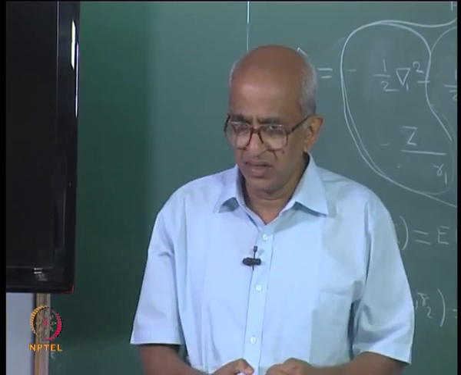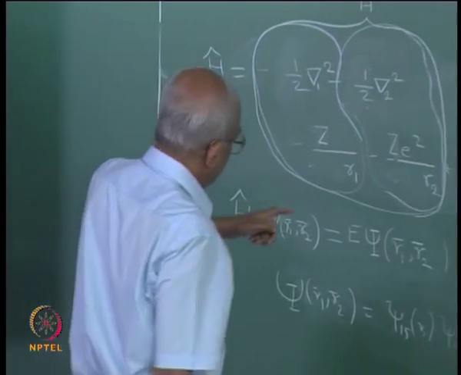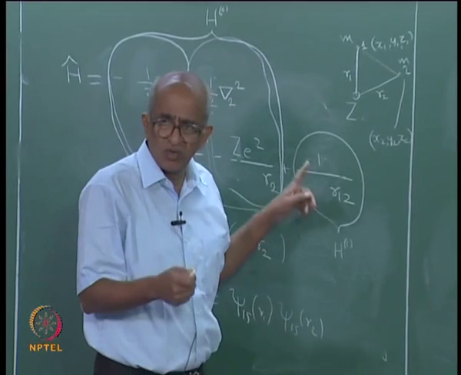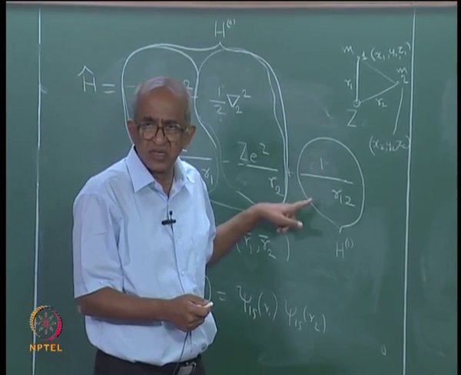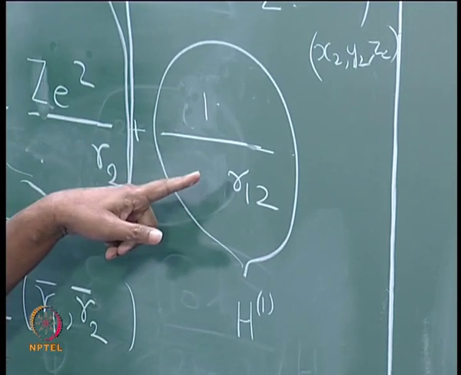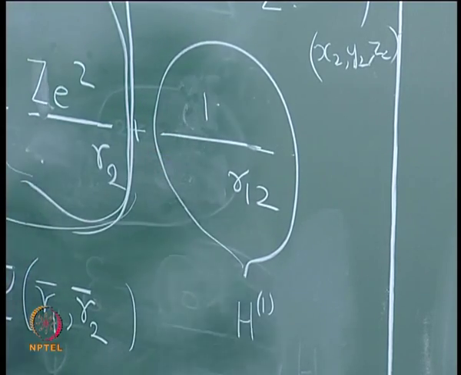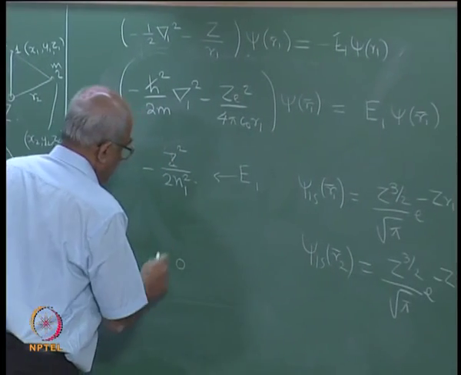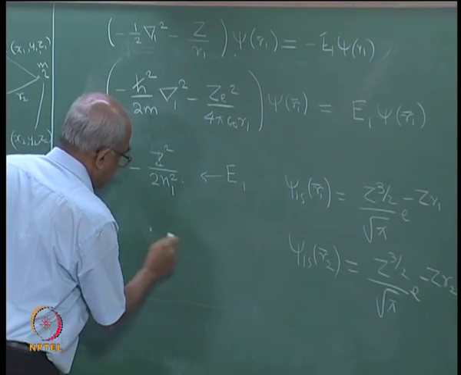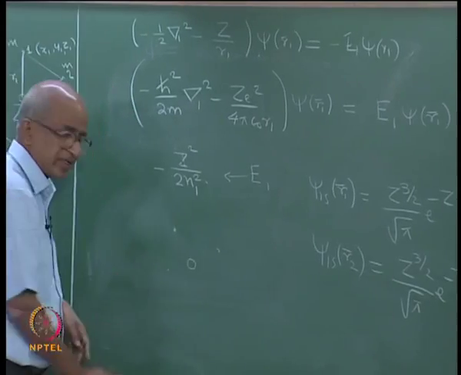Before I do that, let me tell you, I did not actually tell you why this term makes it difficult. Why is it that this 1 by R12 makes life so difficult? You have the nucleus, there is one electron here, there is another electron there, both are moving around the nucleus.